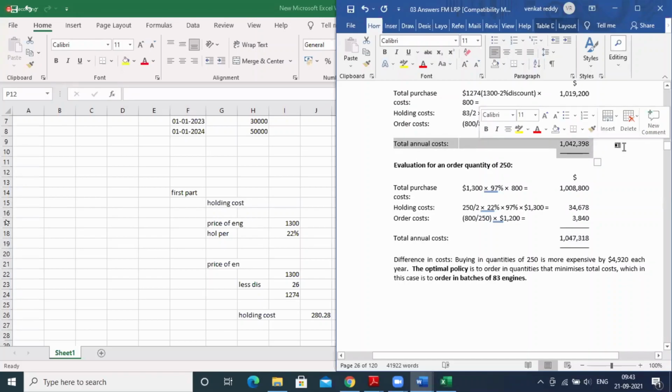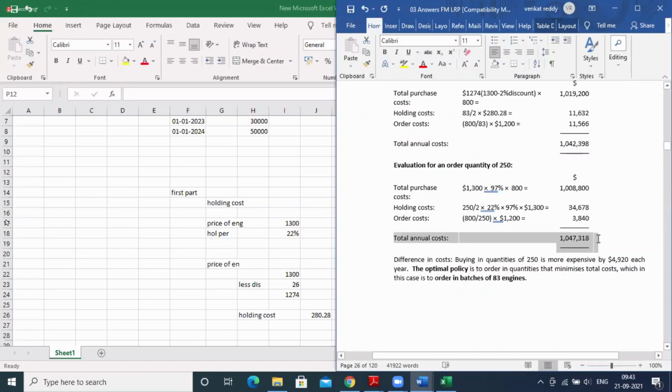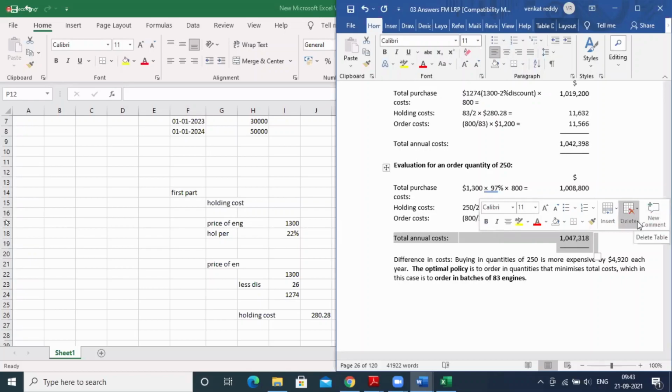10,42,398. But in order to avail the discount of 3%, if you make an order of 250 units per order, then you are going to incur a total annual cost of 10,47,380. So which one do you prefer?